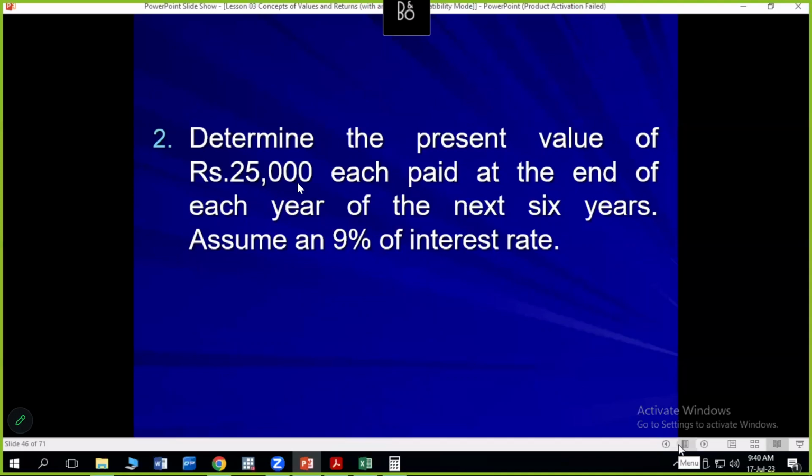Determine the present value of 20,000 each paid at the end of each year for the next 6 years. Assume 9% interest.